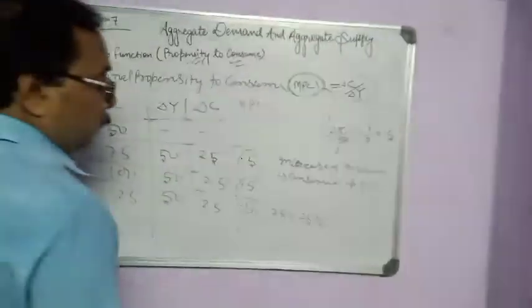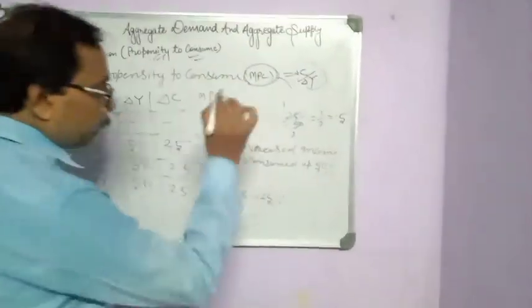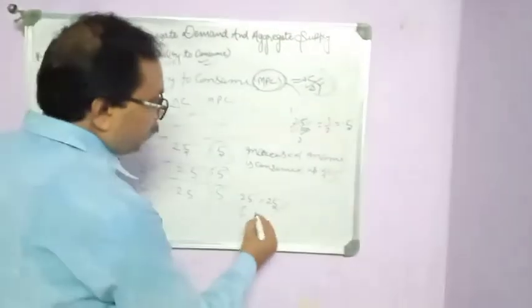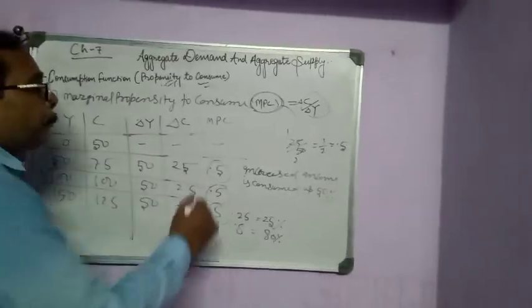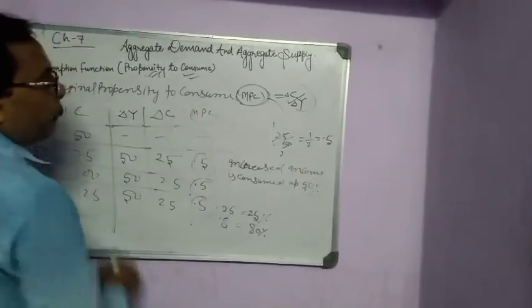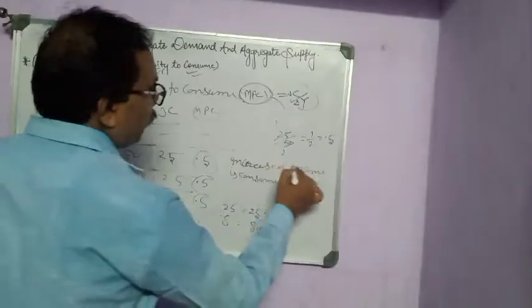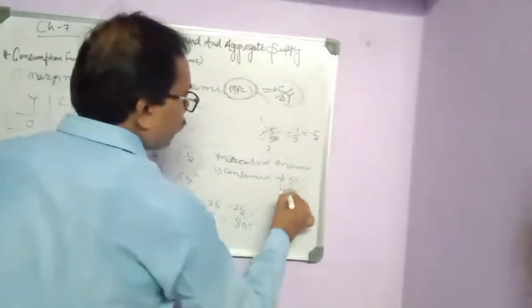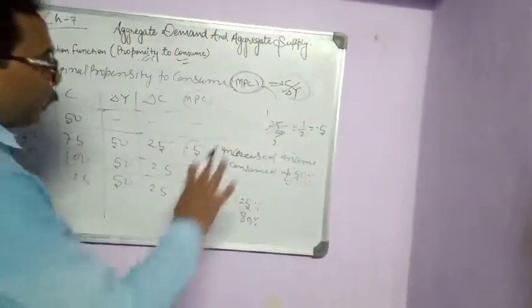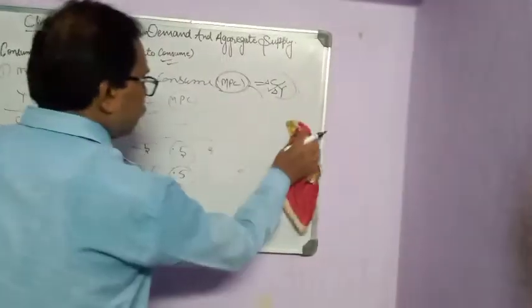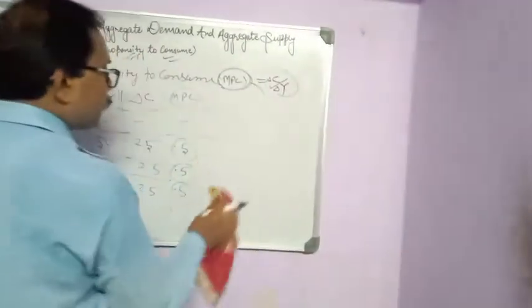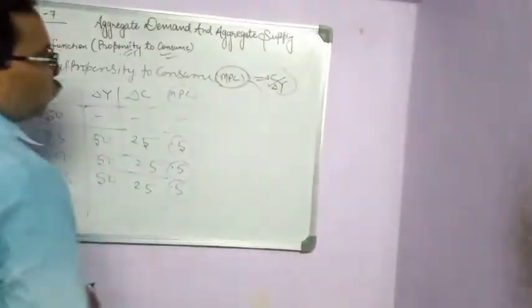Suppose the value comes to 0.8. So what does it indicate? 80% of the increased income is consumed. So MPC is totally based on the change in income and change in consumption. Clear? And one thing always remember in your mind, MPC always lies between 0 and 1.